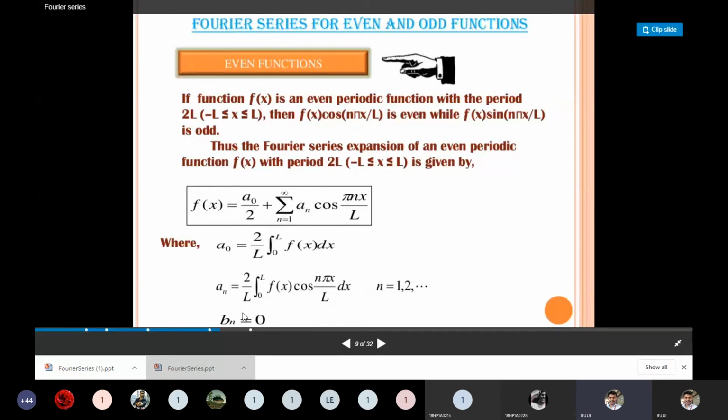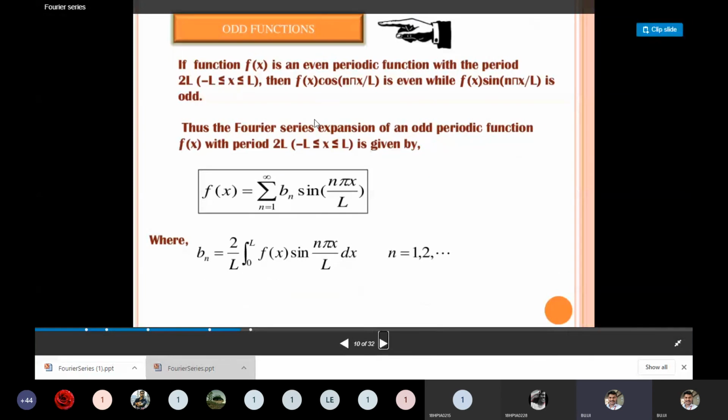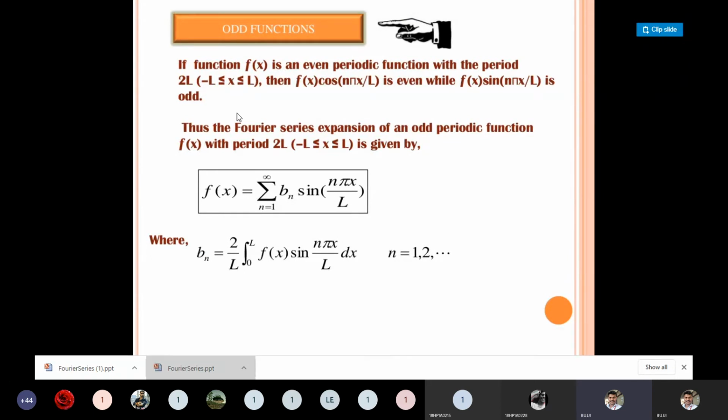Simply the odd part becomes 0. You'll see the next one. Coming to the odd function, this is completely theoretical equations I'm writing here. You have to make a note in the notebook, you have to write down.